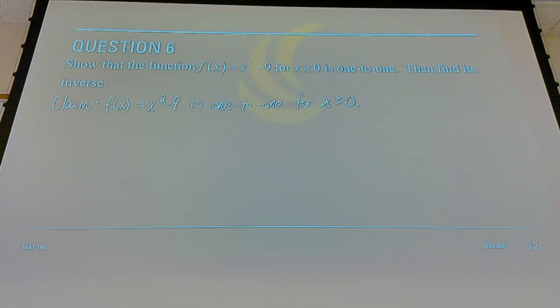F of x equals x squared minus 9 is 1 to 1 for x greater than or equal to 0. Before we even tackle it, why is that true? Intuitively speaking. If you can see why it's true before starting the proof, it really helps.